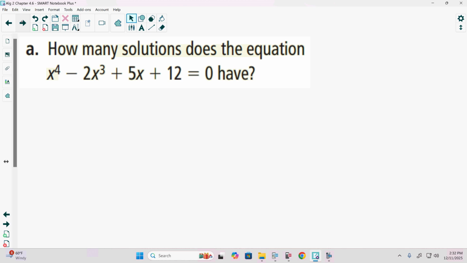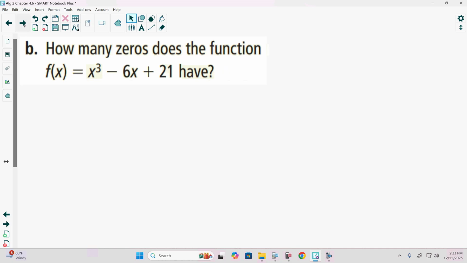How many solutions should this one have? 3, because the degree is 3. Questions on these so far?